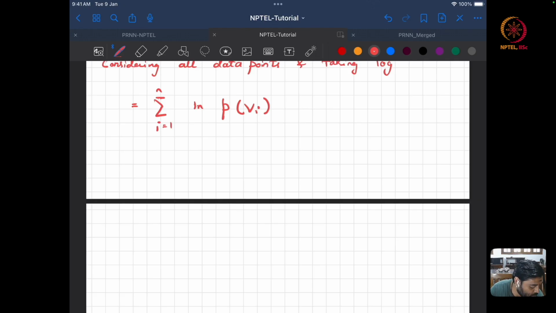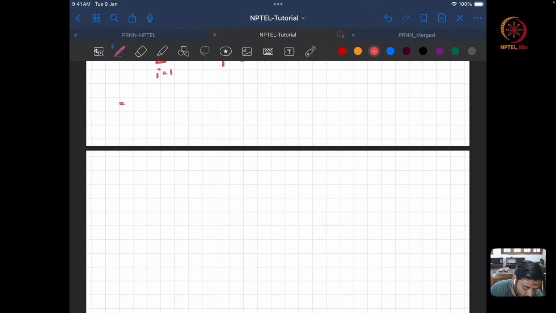Okay, this is nothing but summation i equal to 1 to n of ln of the product of j equal to 1 to m of pj to the power of vij.